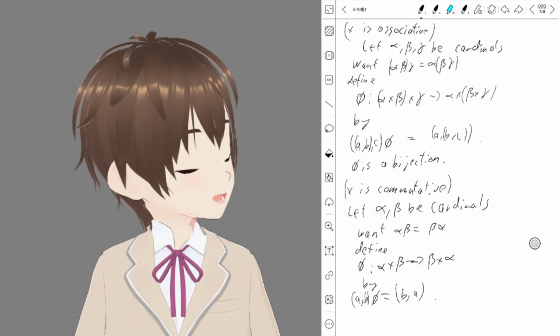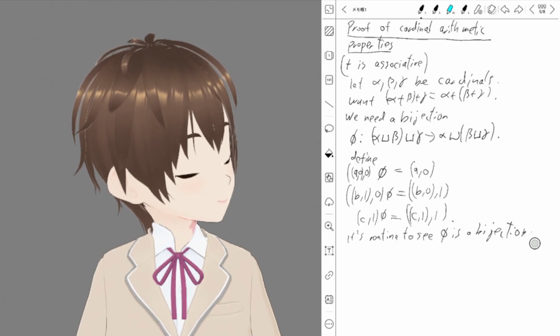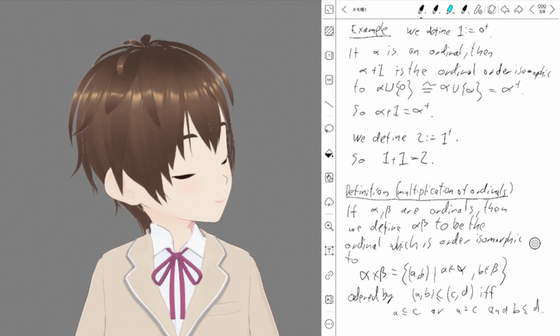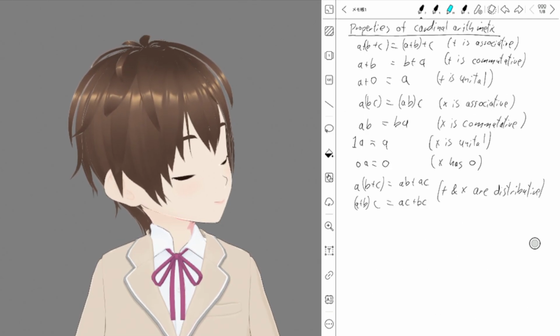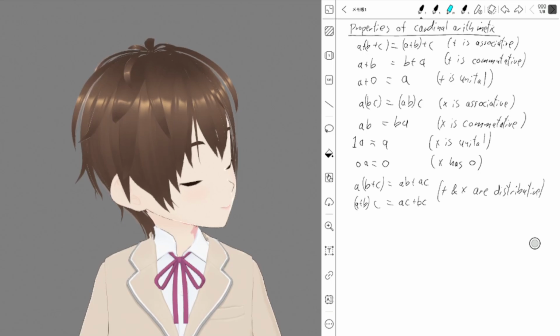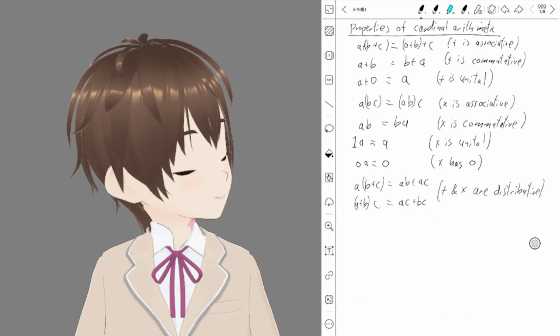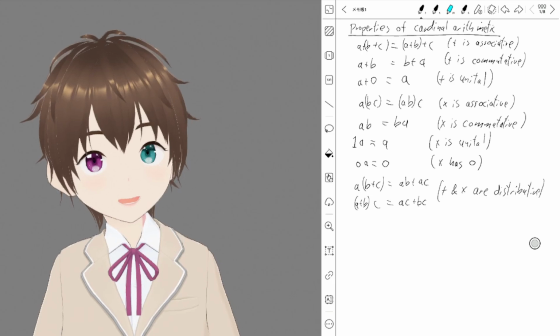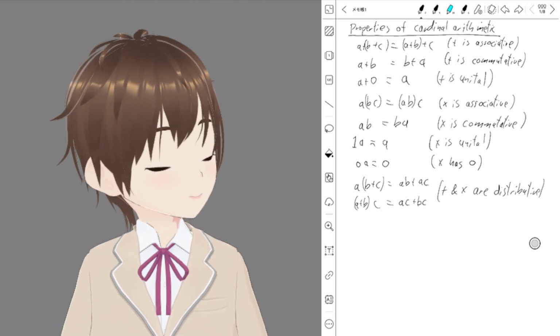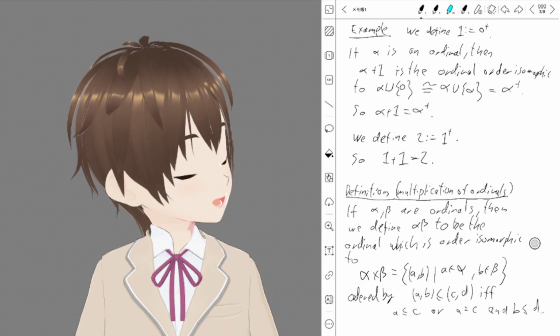Okay, and then it's just the distributive property. Note that we only have to do one of these because the other one follows from the commutativity rule when applied to the first one. So I can do distributivity in one go.